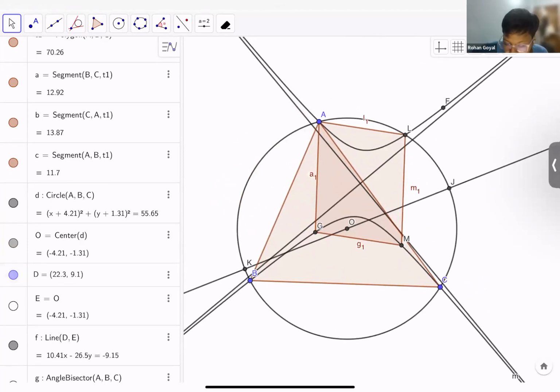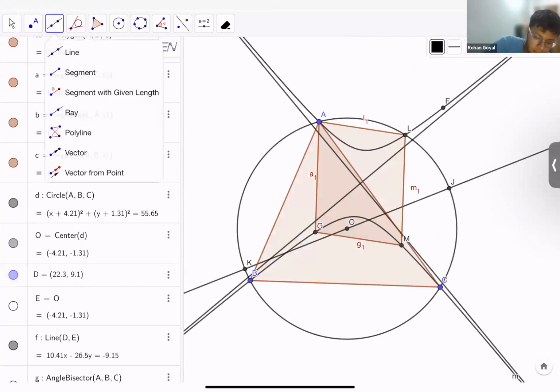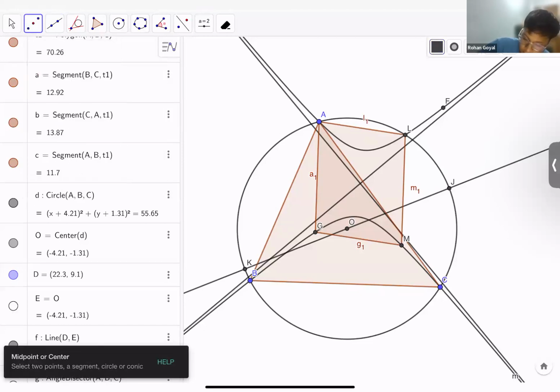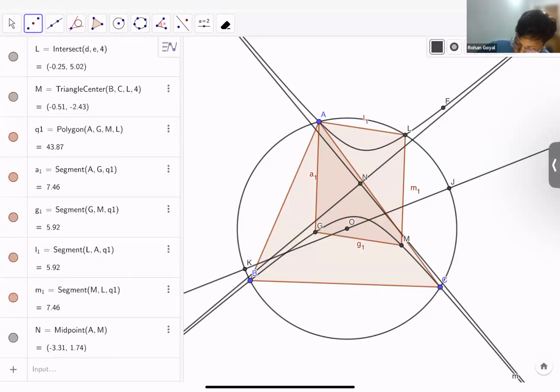So now what Atul was saying was that if you take this midpoint of AM, it seems to be the center of the hyperbola.